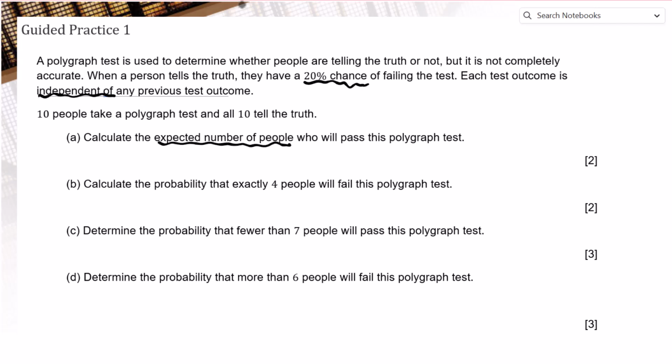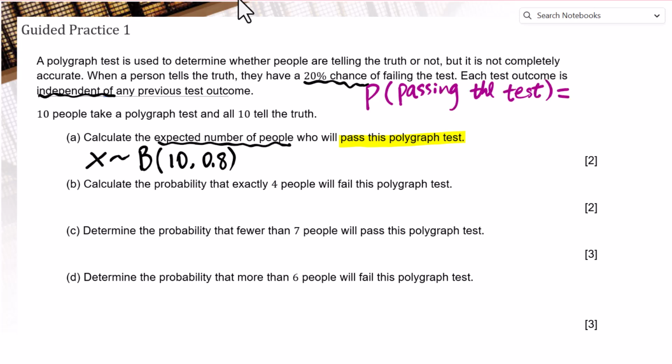Since there are only 2 outcomes in this event, we can use binomial distribution. The probability of passing the test equals 0.8. The probability of failing the test is 0.2.